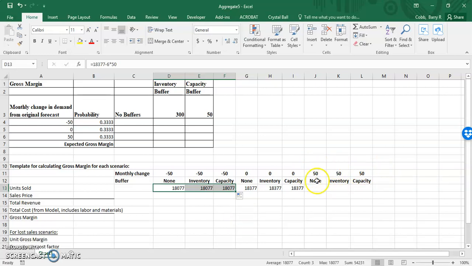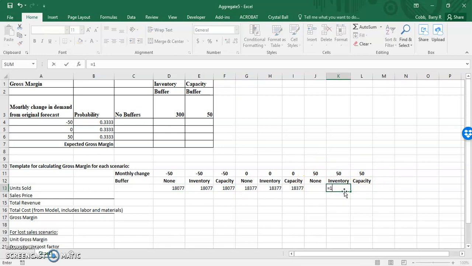If demand increases by 50 units per month, in the last 2 scenarios, we're going to assume that the buffers would allow us the flexibility to increase our sales by 50 units per month. So we would take $18,377 and add 6 times 50, or 300.